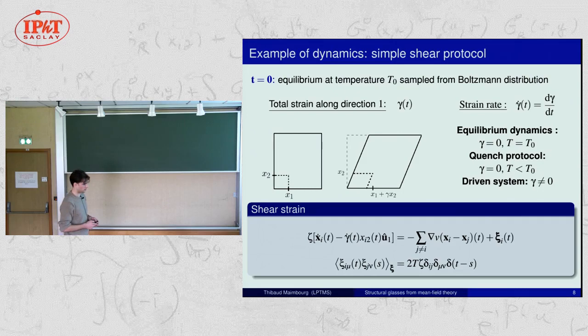We have written the equations for this active matter. You can do rheology in the system. And anything that breaks detailed balance, you could think of embedding it in these kind of equations.